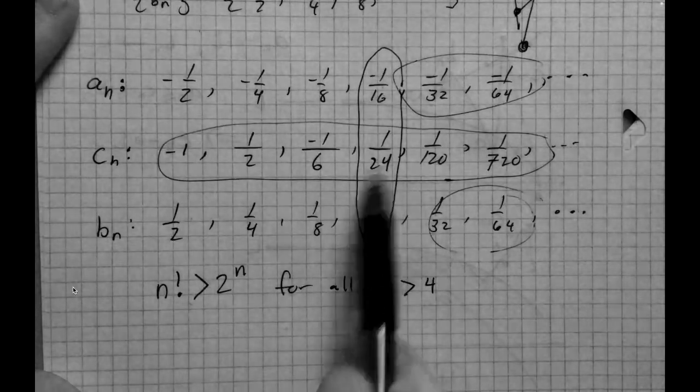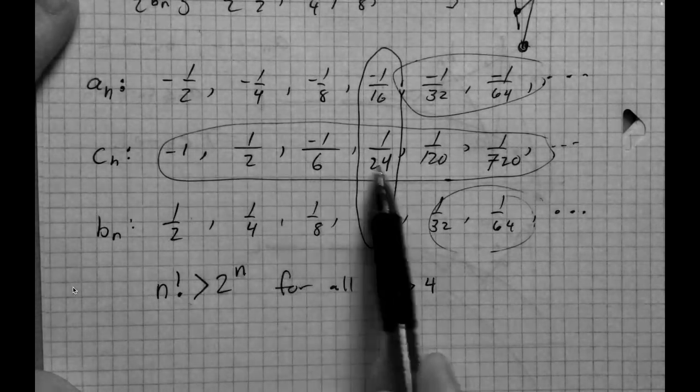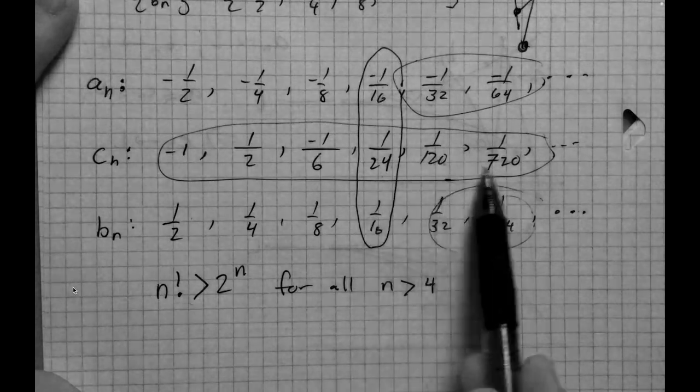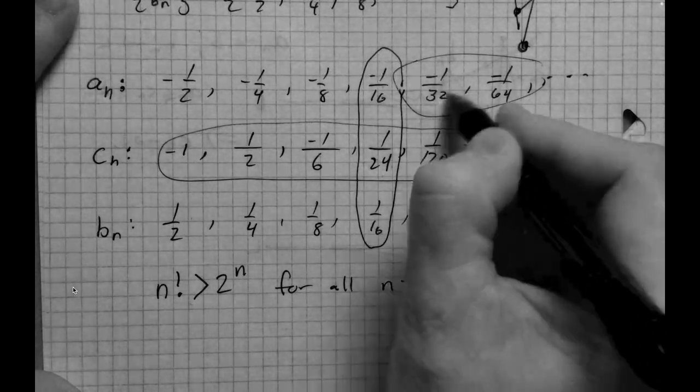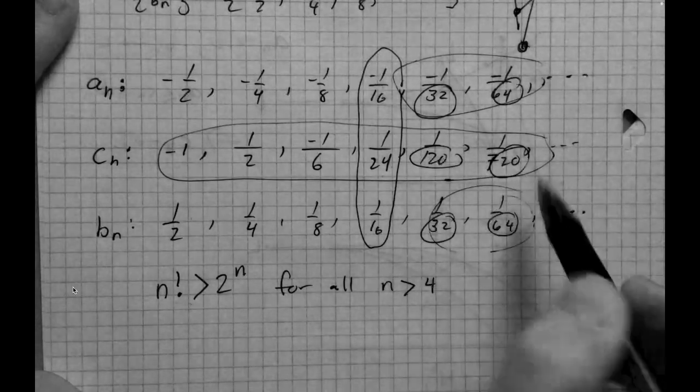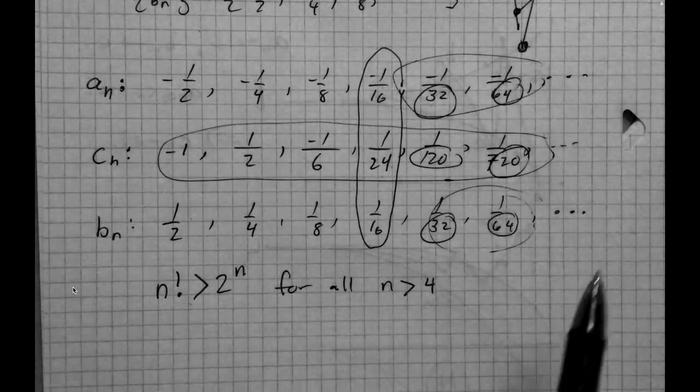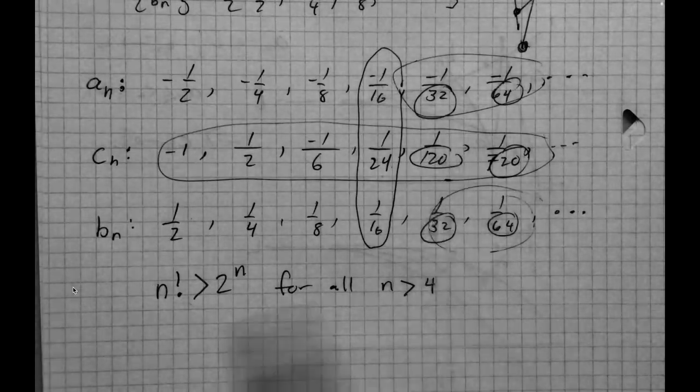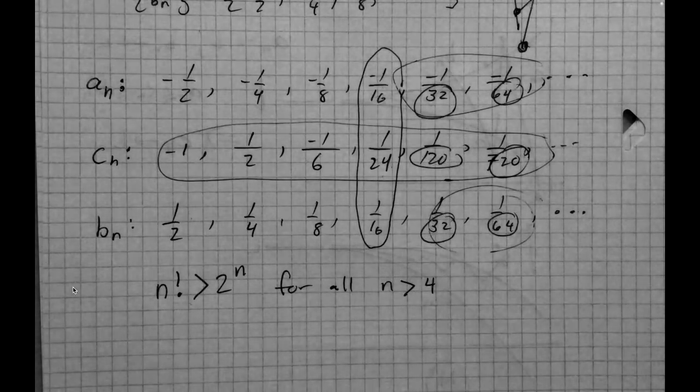Just what we see here. It goes 1, 2, 6, 24, and then after that, these are the 2 to the n's, and here's n factorial, so much, much larger. Which means that 1 over that number is much, much closer to 0.